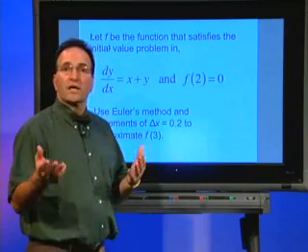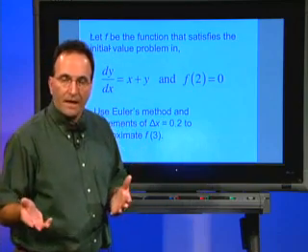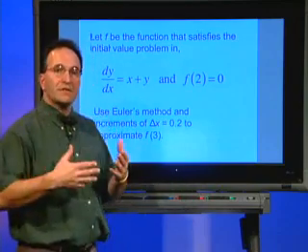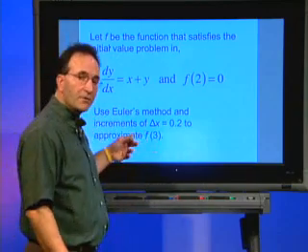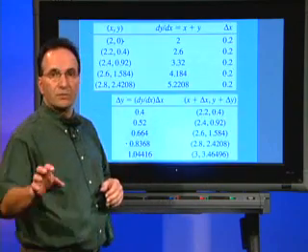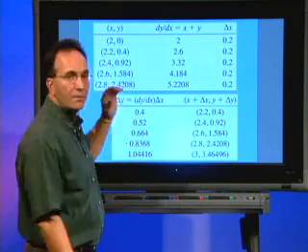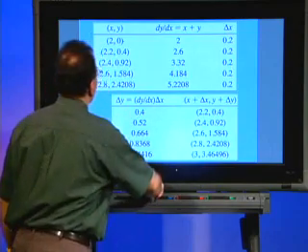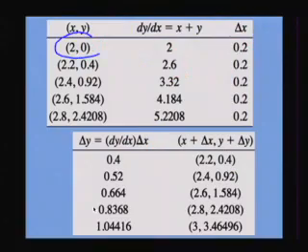To do this, we're going to set up a table, and we'll examine the table using the increments of delta x equal to 2/10. So here we have our initial point where we're going to start, (2, 0). And we know that in this case, dy/dx, which is x plus y, is equal to 2.